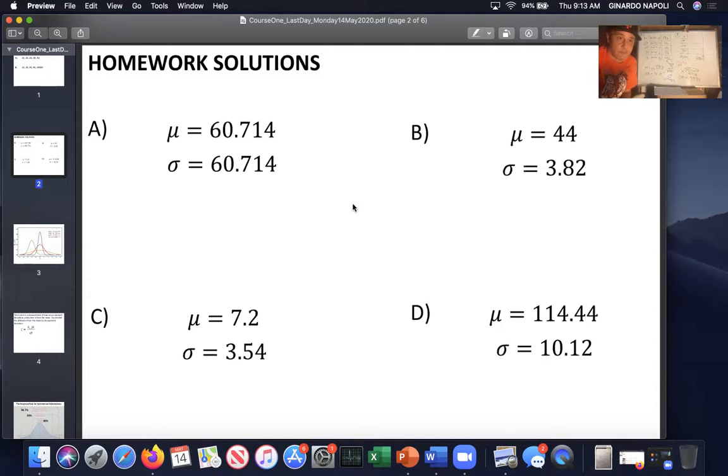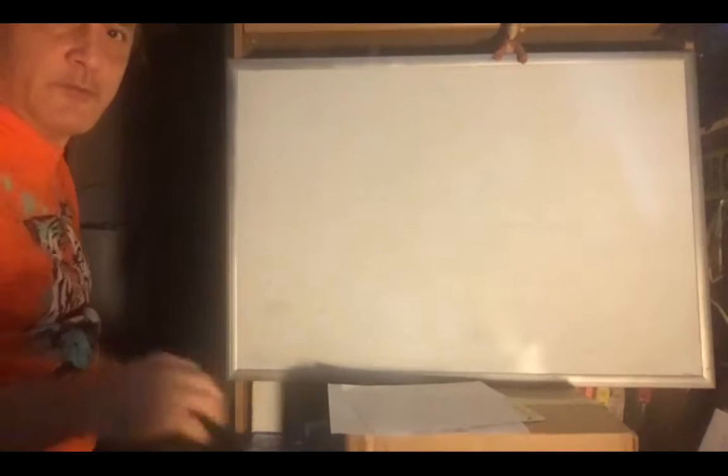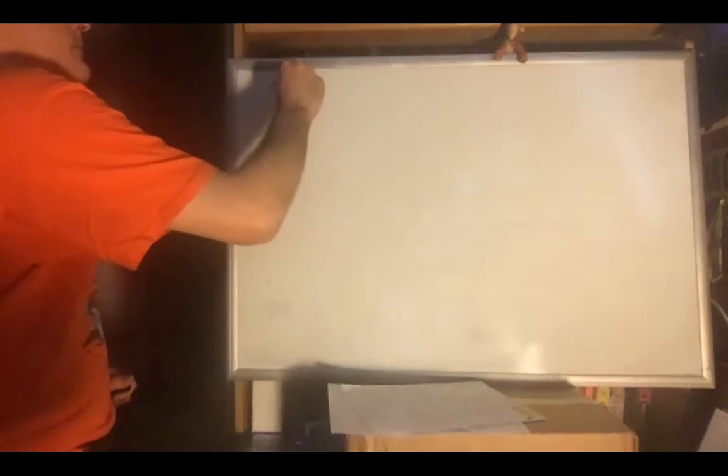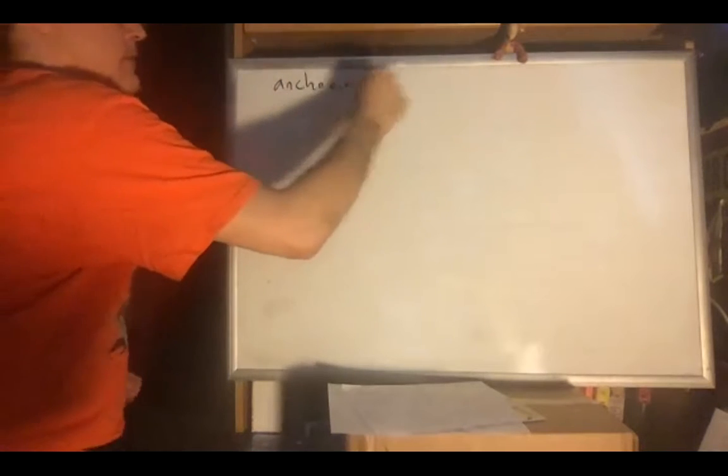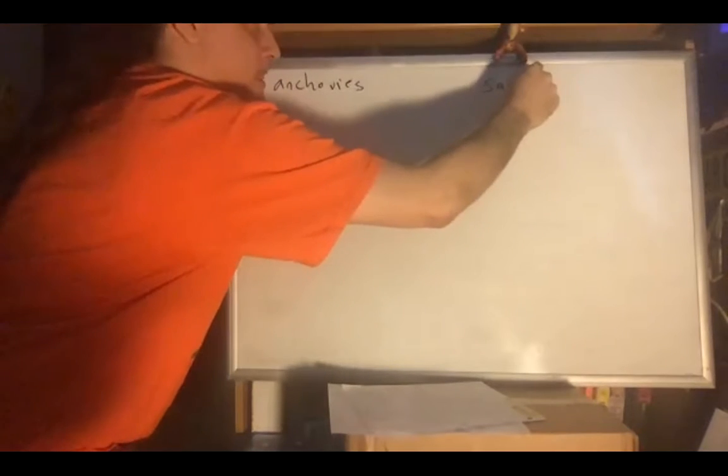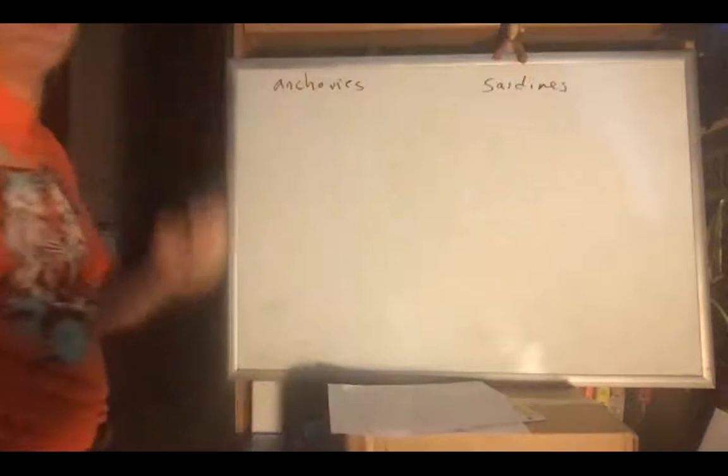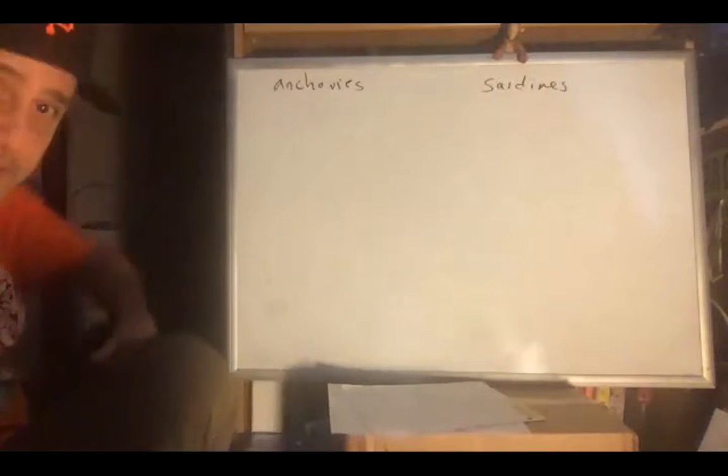Okay. Well, the thing about data that's an issue is that you can have populations that spread differently. Okay, so let's say we had anchovies and sardines. Now these are both small fish, right?